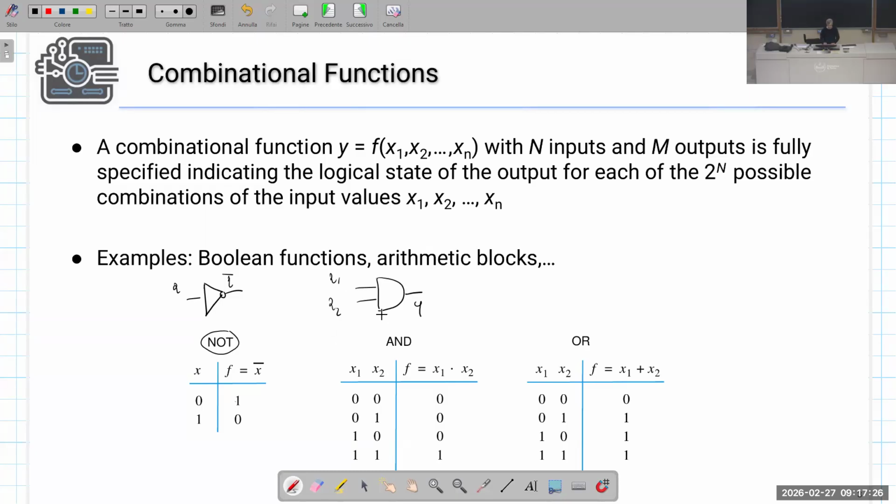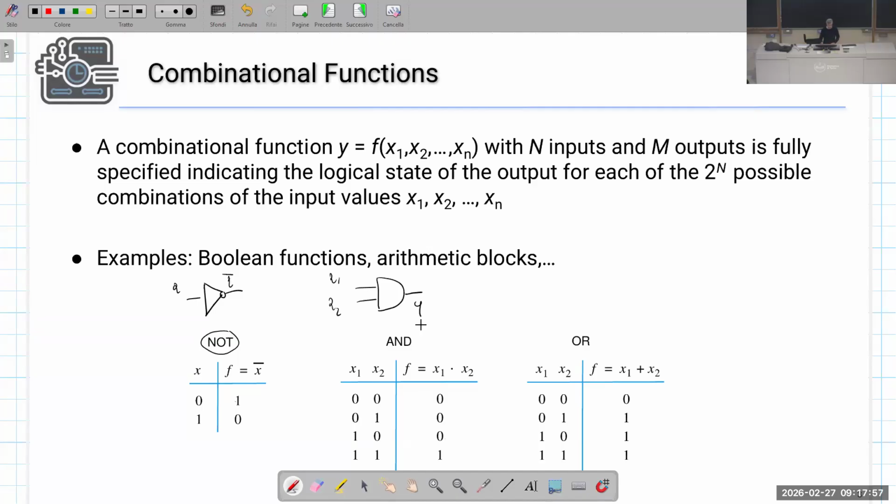We can fully specify this two-input, one-output function if we specify the value of the output for each combination of the values of the inputs. So for 0 0, the output value is 0. For 0 1, the output value is 0. For 1 0, the output value is 0. For 1 1, the output value is 1. This particular two-input combinational function is the AND function, okay?